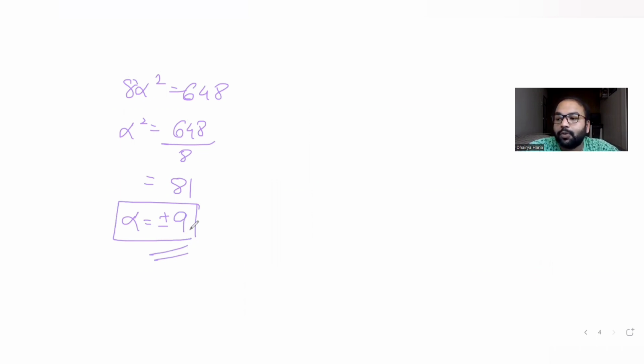Now if you see the options here, which match in this question that is given to us, where we get the values of alpha, the options are B and C, because B is given to us as 9 and C is given to us as minus 9. So the correct answers in this question are both B and C. So alpha can be plus 9 or minus 9.